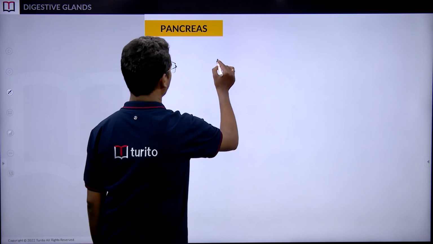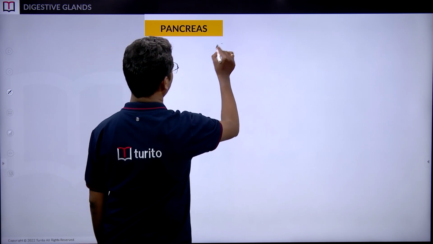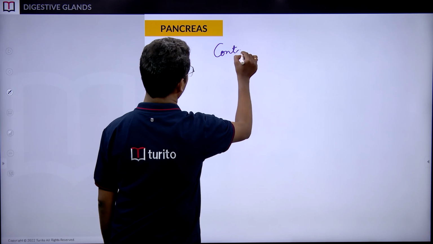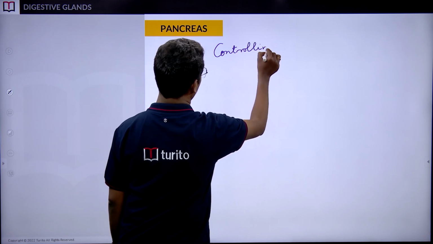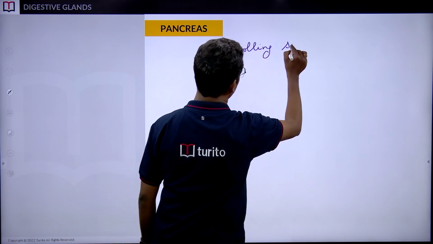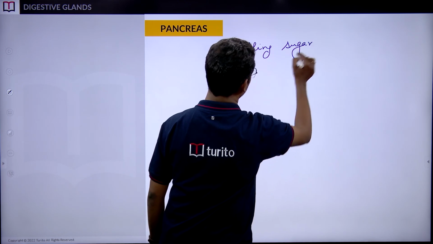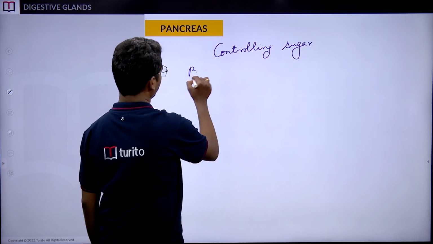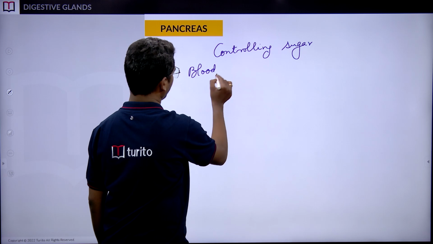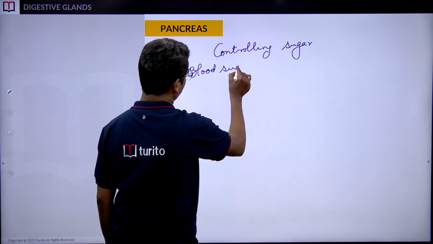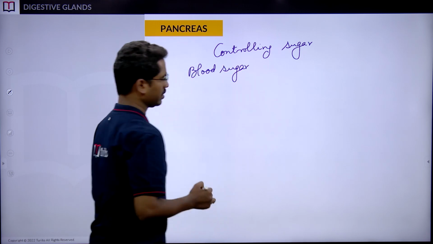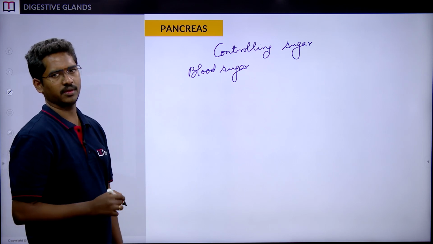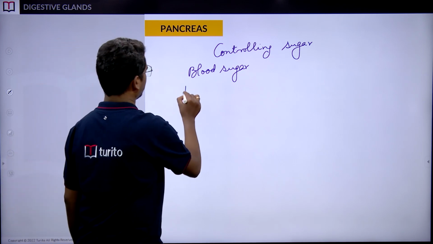Correct. I see some of the students are dropping answers saying that it helps in controlling sugar, or in other words, blood sugar. Yes, I see students answering continuously.